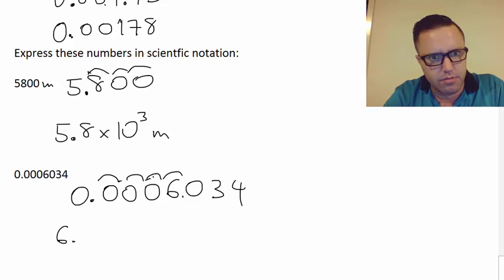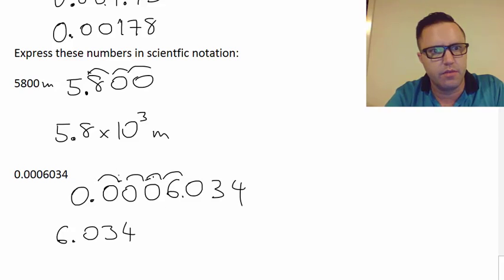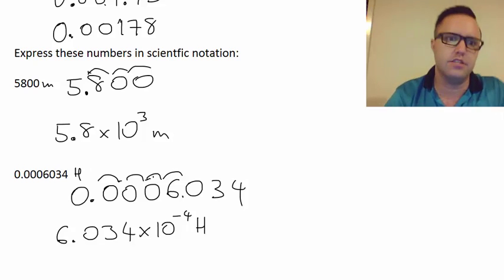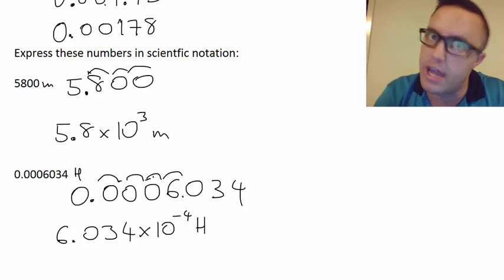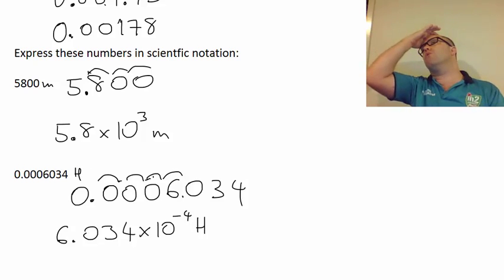So 6.034, how far we had to move to get there? 1, 2, 3, 4. So that'll be times 10 to the negative 4. Let's call this Henrys. Okay, so 6.034 times 10 to the negative 4 Henrys, which would be a really, really small inductor.